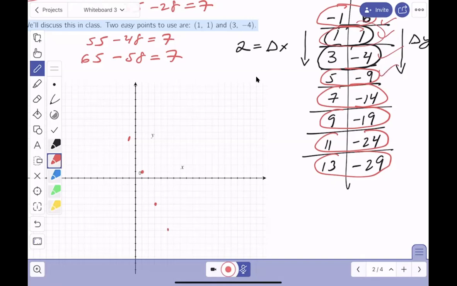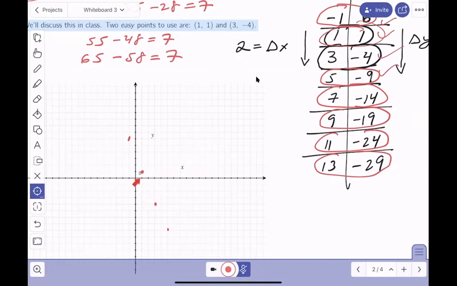Oh, I don't want to do the other ones. Let me see if I did the counting right though. 1, 1, 1 over 1 up. I did that right. 3, minus 4. 1, 2, 3. 1, 2, 3, 4. Yeah, I got that one. Let's see if we did 5, minus 9 right. Who knows?